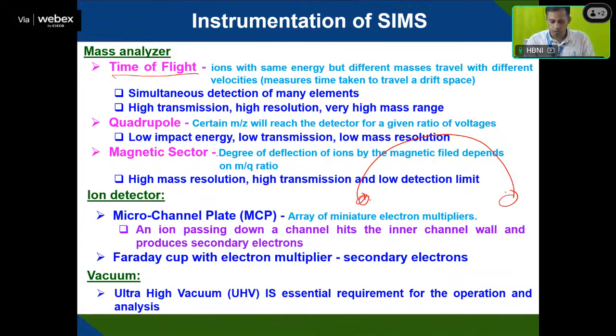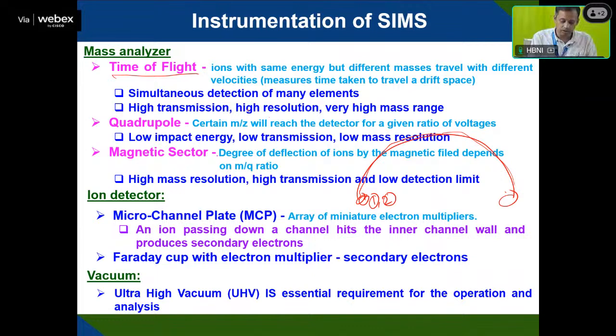Both ion 1 and ion 2 have the same energy, but different mass, one heavier than the other, so they travel with different velocities. From the time taken, you can differentiate them. Simultaneous detection of many elements is possible here, with high transmission, high resolution and a high mass range. Another one is the quadrupole.